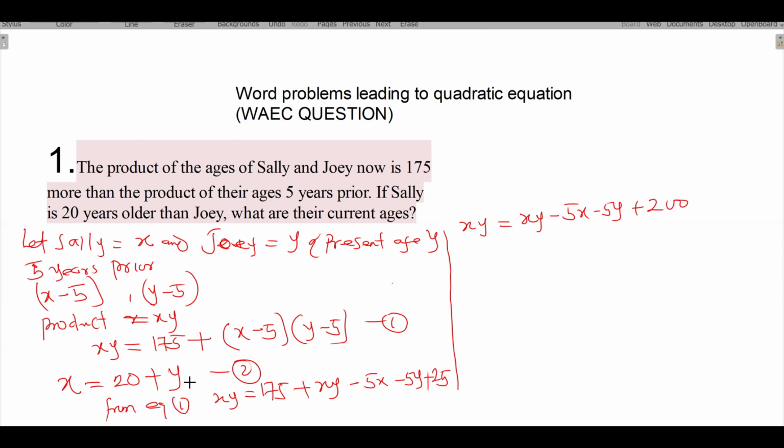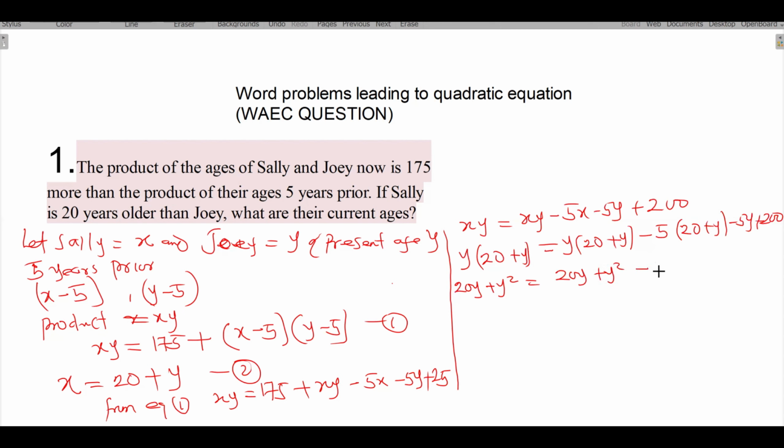Now equation 2, X is equal to 20 plus Y. So anywhere I see X, I put 20 plus Y. That means Y times (20 plus Y) equals Y times (20 plus Y), I'm substituting for X there to make it a single variable, minus 5 times (20 plus Y) minus 5Y plus 200. So this becomes 20Y plus Y squared equals 20Y plus Y squared minus 100 minus 5Y.